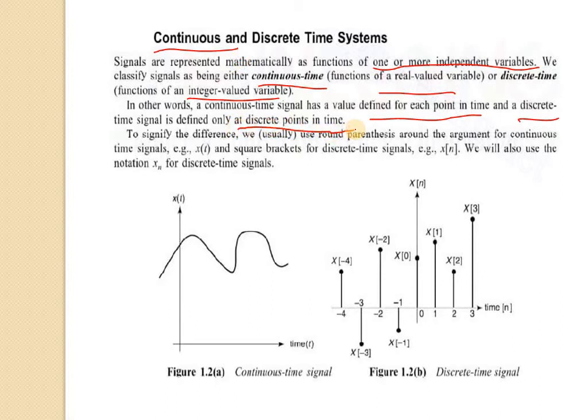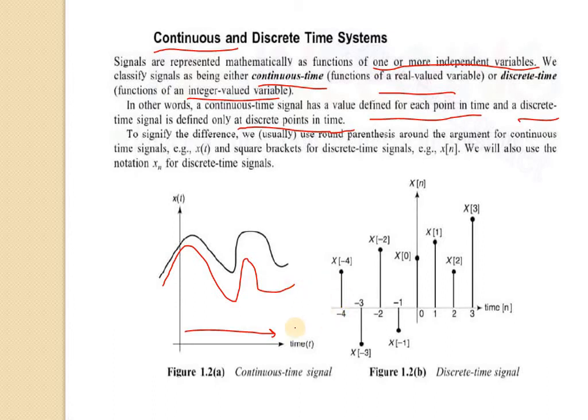That means these are the main important parts. Continuous signal is continuous throughout the time. This is the time span, and here the signal is showing that it is continuous throughout the time period. That means this is continuous. And discrete signal is a discrete type of signal where signals are at discrete points in time.